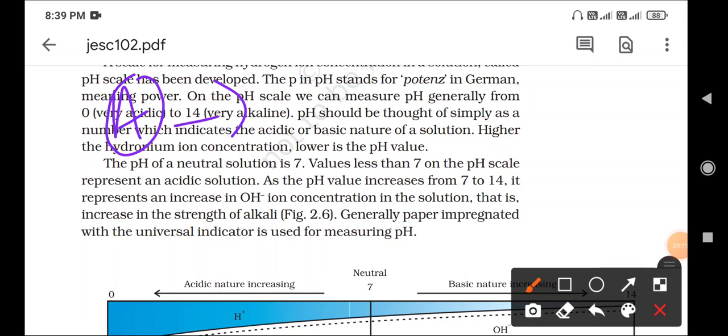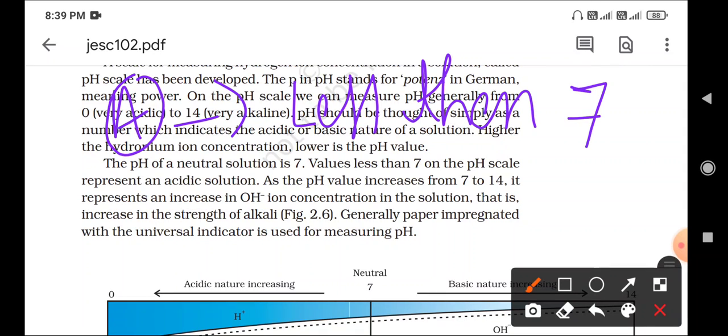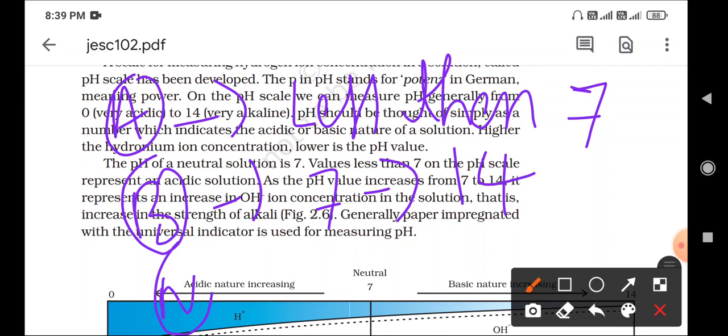The solution which has a pH more than 7, from 7 to 14, is called a basic solution. A solution which has exactly 7 is called a neutral solution; it is neither acidic nor basic.